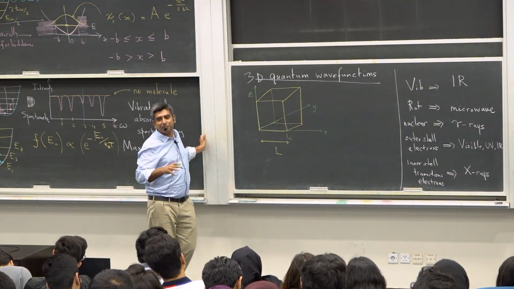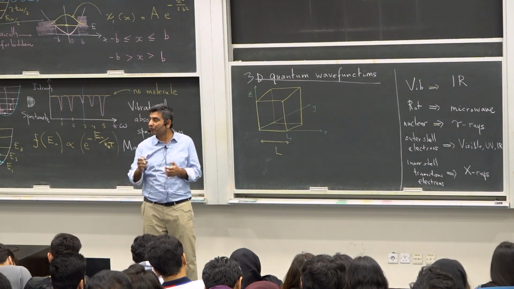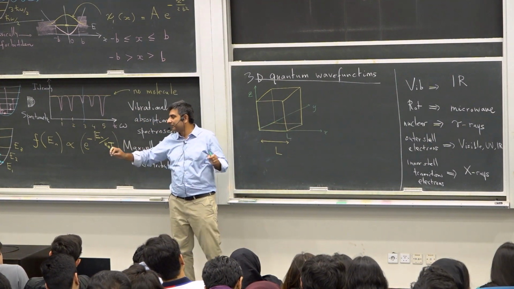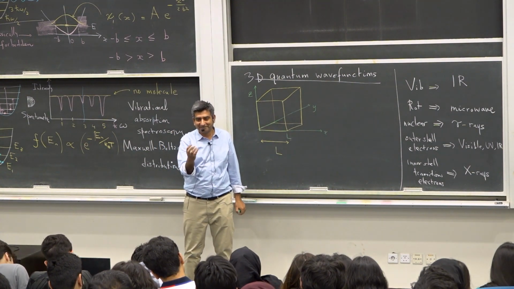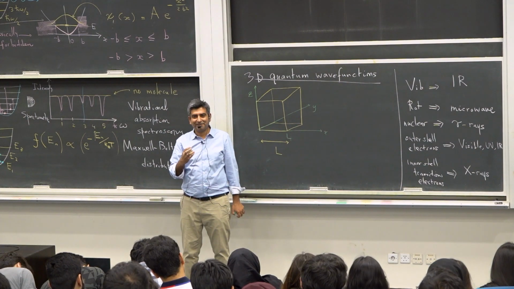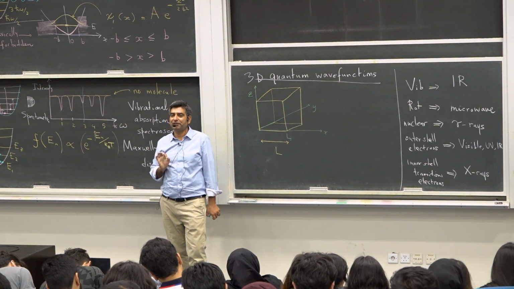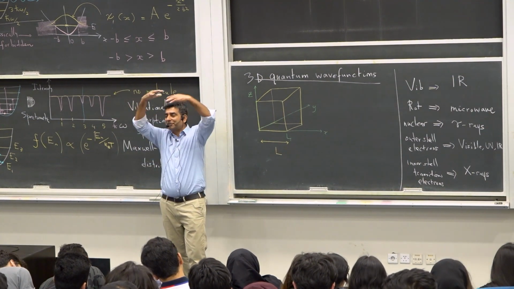Now inside the cube, say we're talking about an electron. An electron is now not trapped in a 1D well, it's trapped inside this 3D cube. It's a three-dimensional well. So the electron has been put inside the well, which is bounded on all sides.